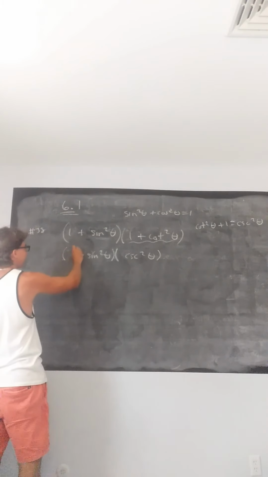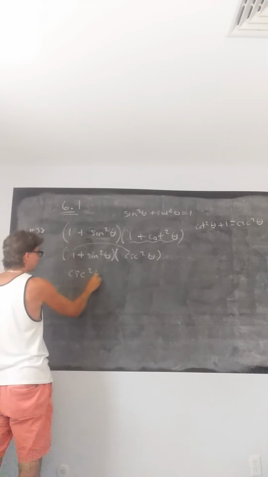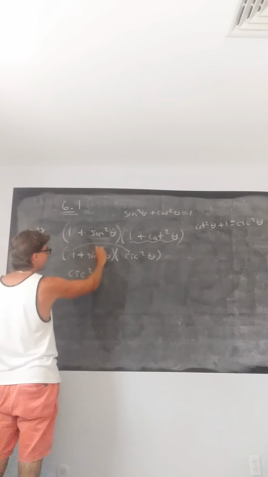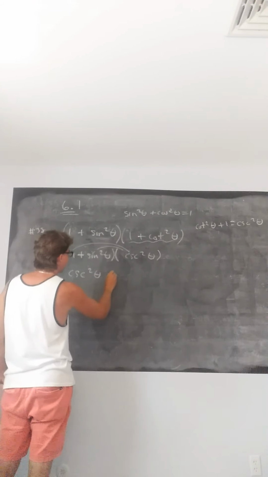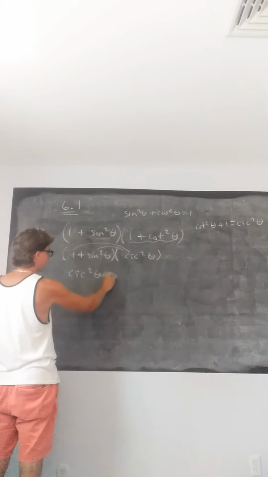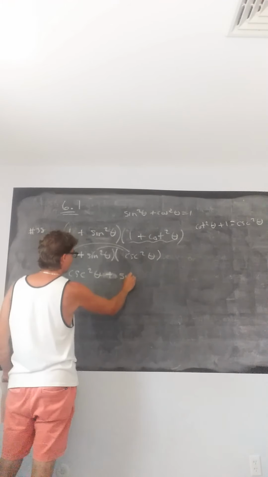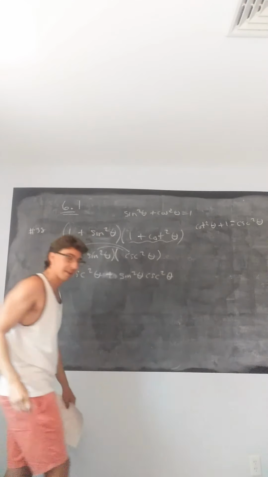So what we have here is 1 times the cosecant squared, which is cosecant squared theta, plus sine squared theta times cosecant squared theta, just like that.